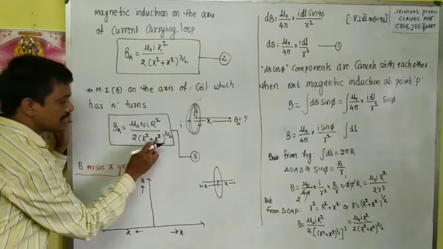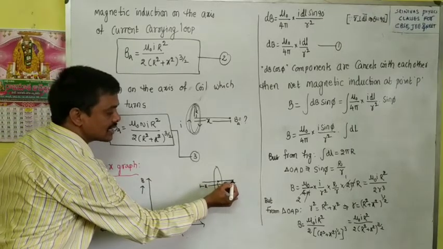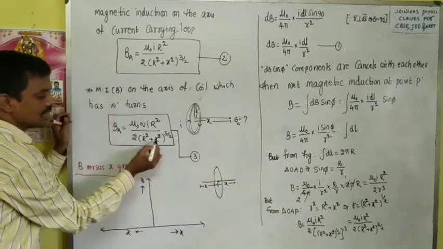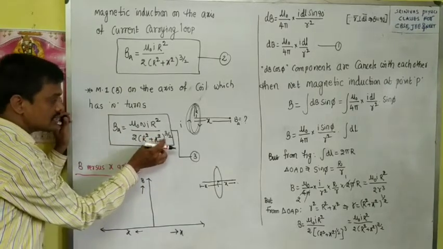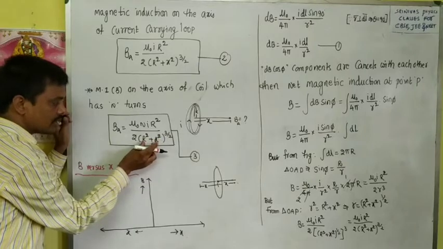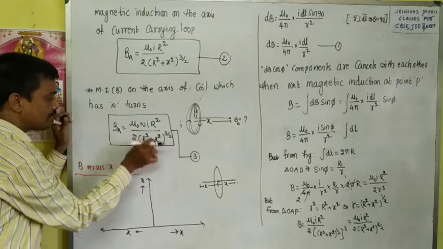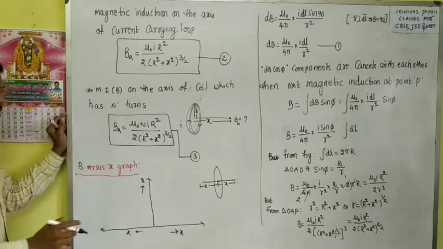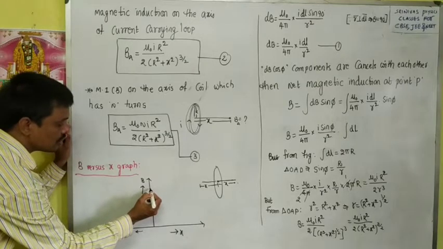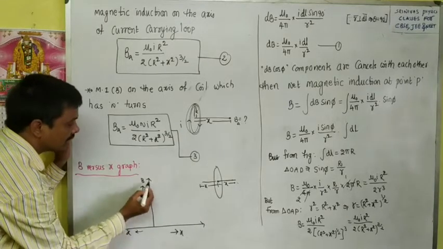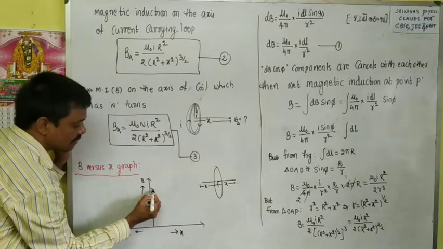At the center X is 0, so the denominator gets its minimum value. When the denominator is minimum, the magnetic induction is maximum. So the magnetic induction at X equal to 0 is maximum, and when you increase X, B decreases. We will get the graph like this.